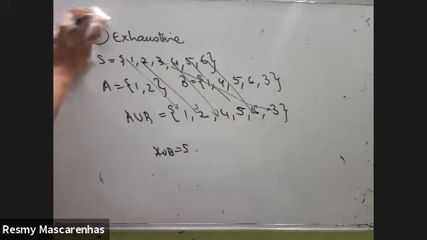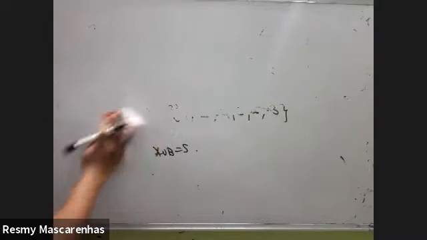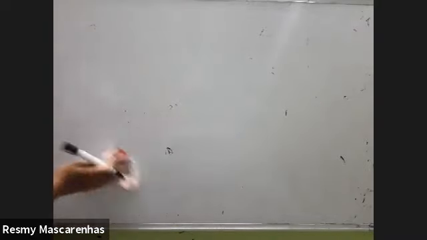Based on this, now let us solve some problems. Exercise 2, first question. In a single throw of a die, single throw means the die has been thrown just one time.